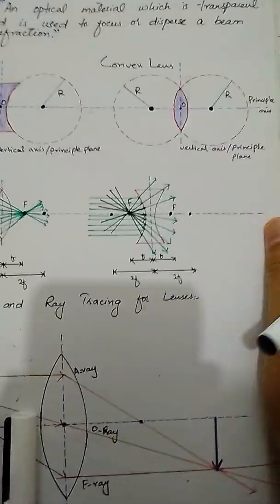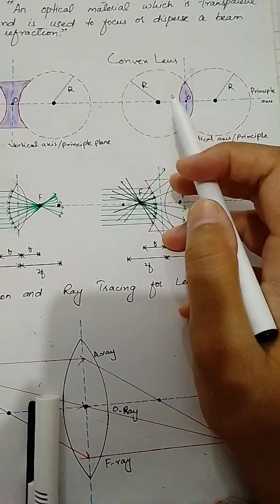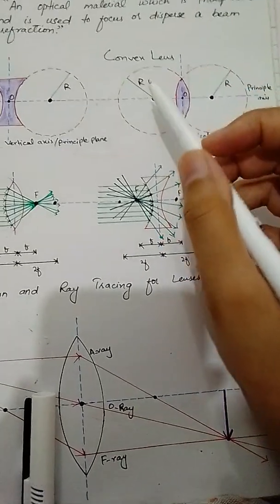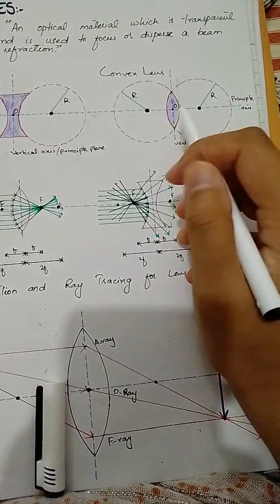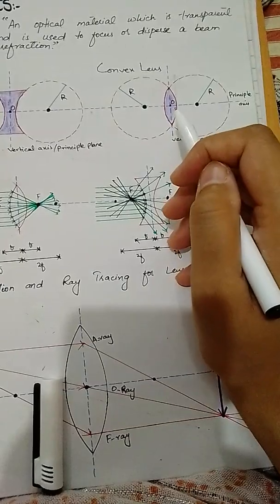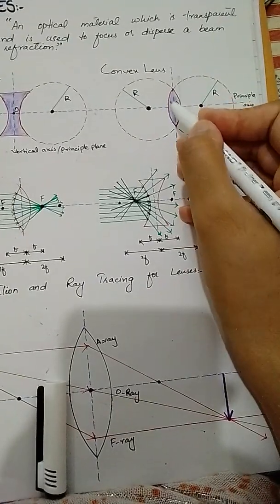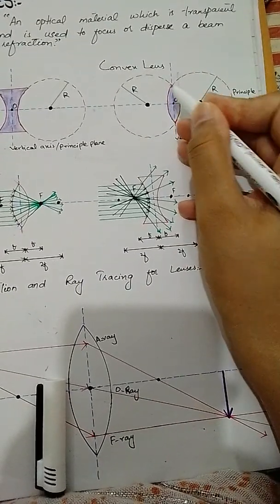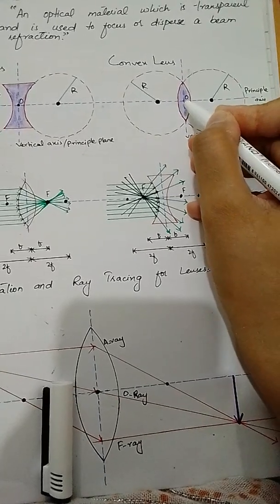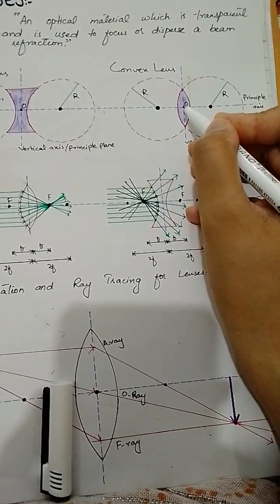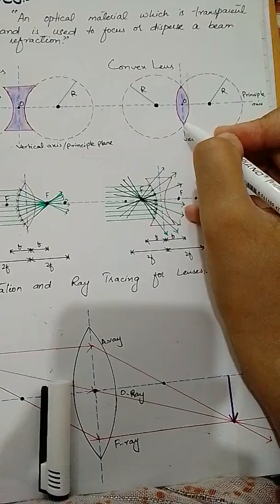All right, next is the convex lens. Now we're not going to put these two circles apart, we're going to join them like this, so that the middle part of the space is thicker than the edges.